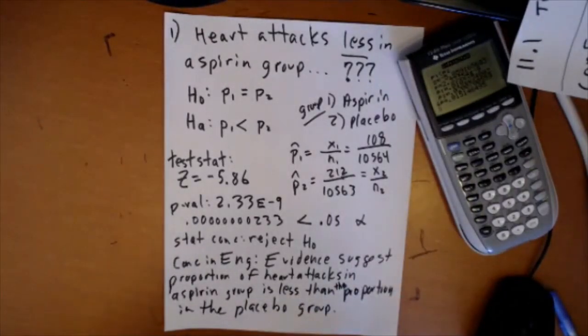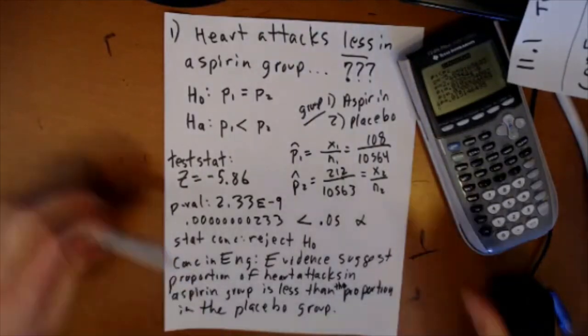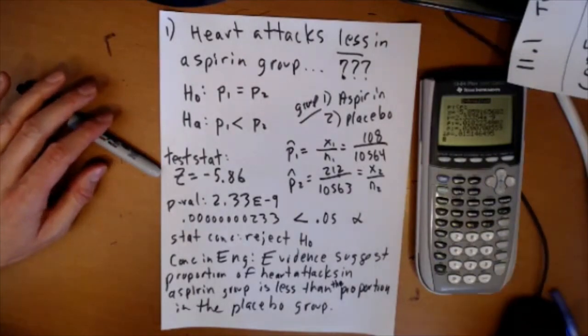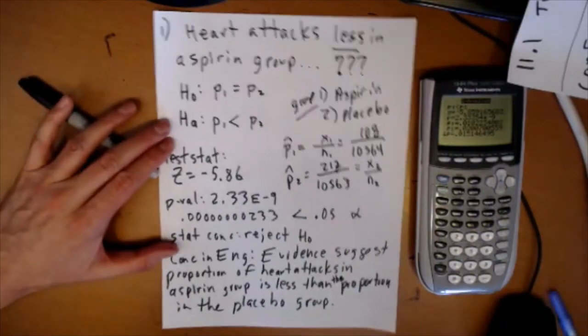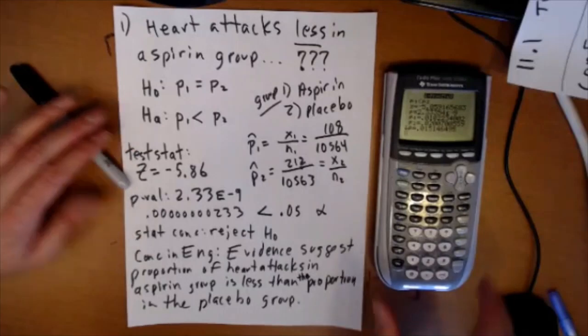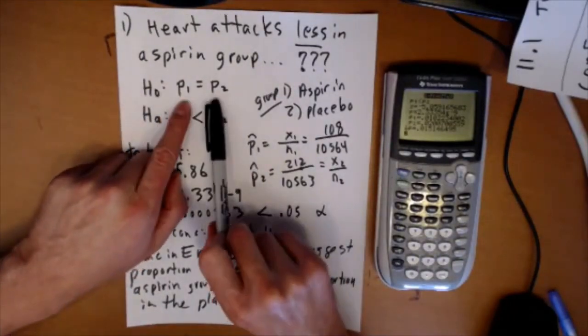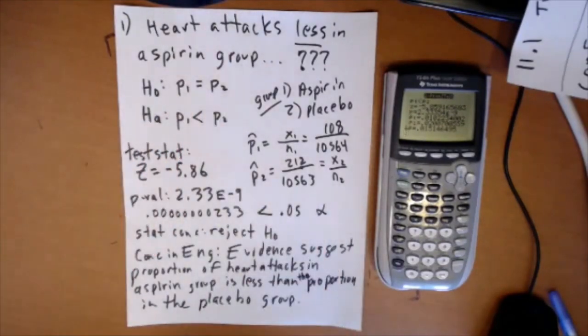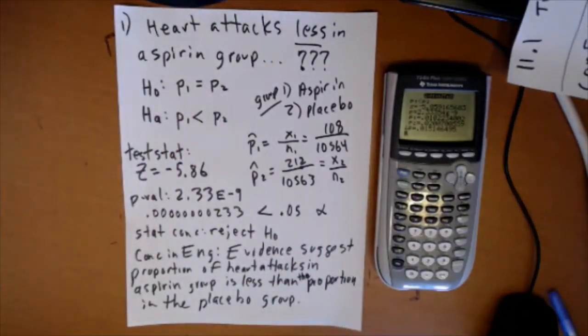Okay. So let's review what just happened. So in our new game, we have the null, 2 groups, and we're talking about proportions. So P1 equal P2, that's kind of a new idea.